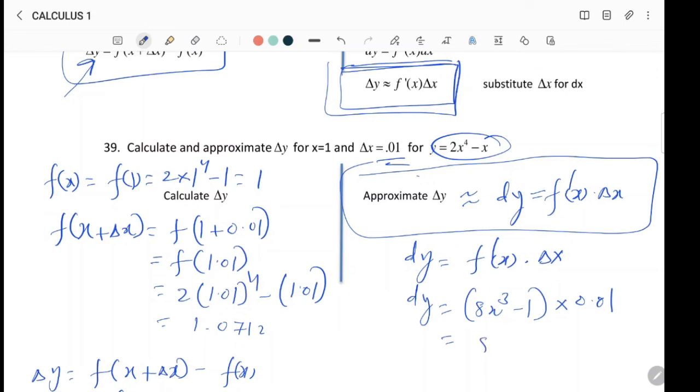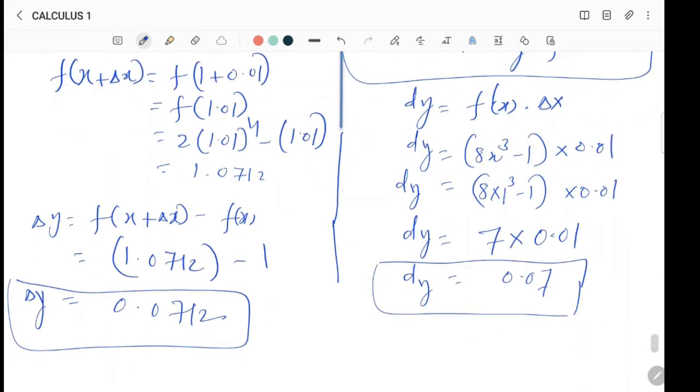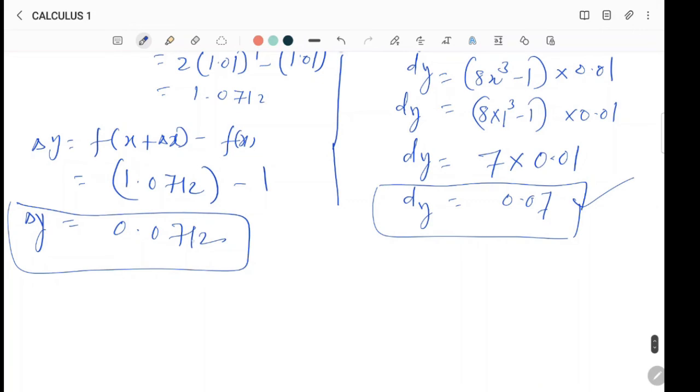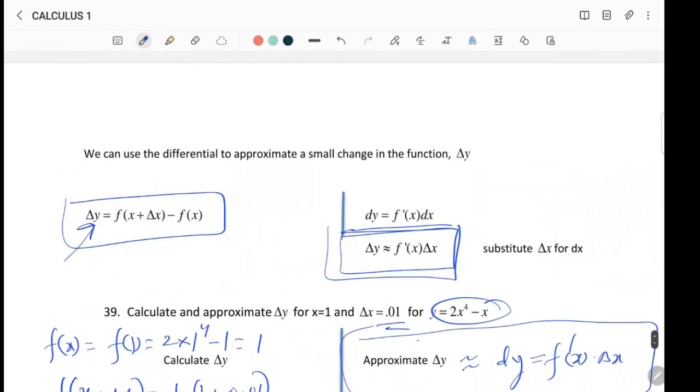So put x as 1: 8 times 1 cube minus 1, times 0.01. 8 minus 1 is 7, 7 times 0.01 is 0.07. So this is approximate delta y and this is actual delta y. See, these are very close. Okay, come to the next question.